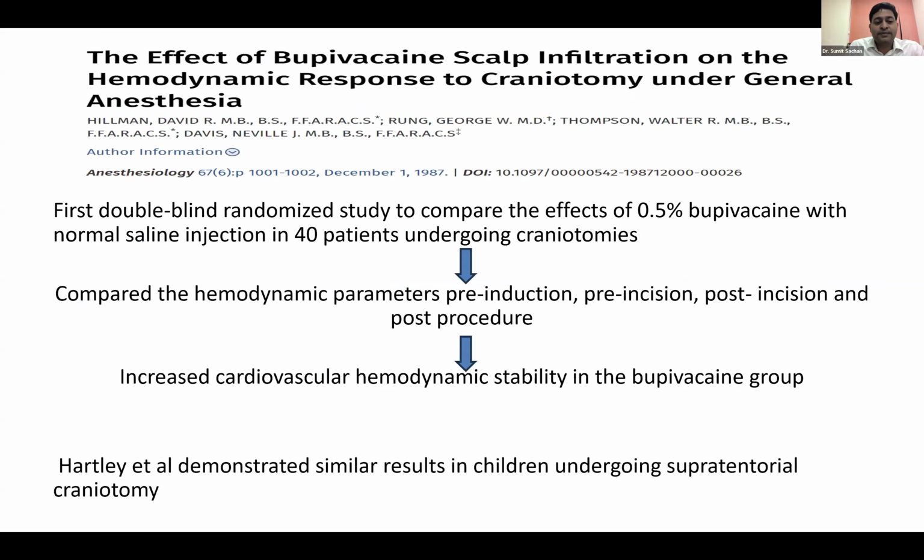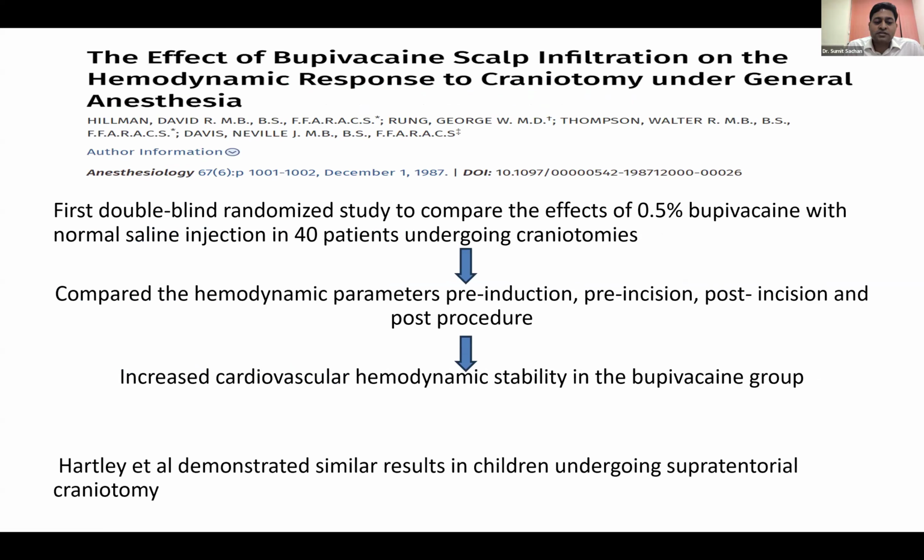This was the first double-blind randomized study, published by Hillman in the year 1987 in Anesthesiology journal. He took 40 patients in which 0.5% bupivacaine local anesthetic was compared with normal saline in scalp infiltration, and the author compared the hemodynamic parameters pre-induction, pre-incision, post-incision, and post-procedure.